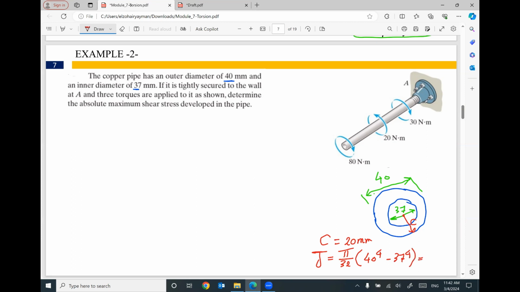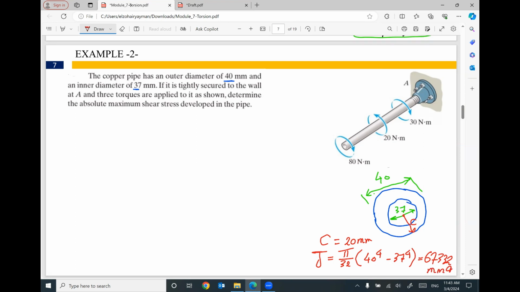So it will be 67,332 millimeter to the power 4.